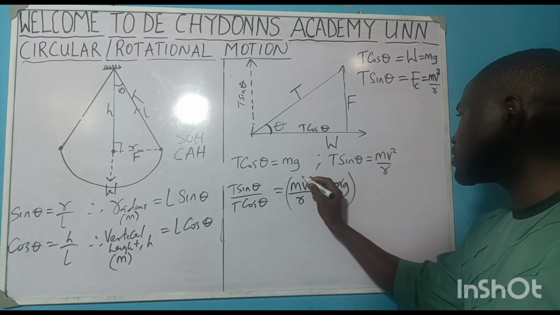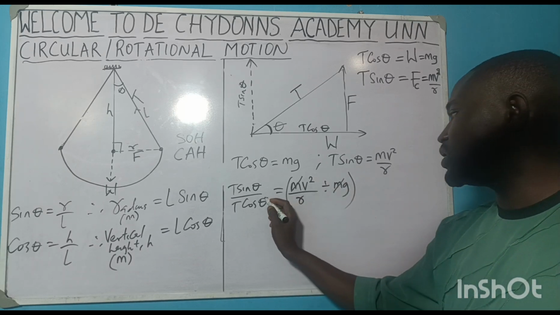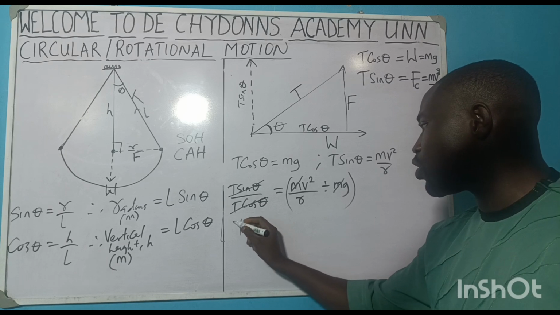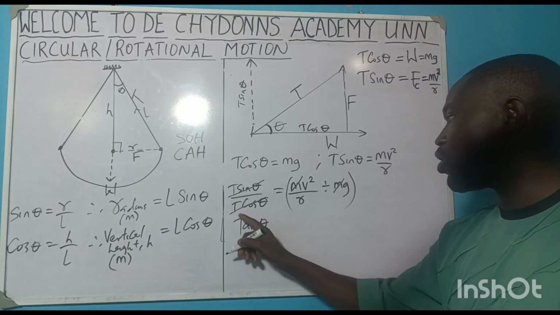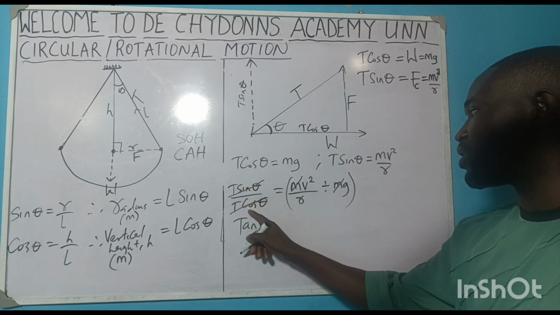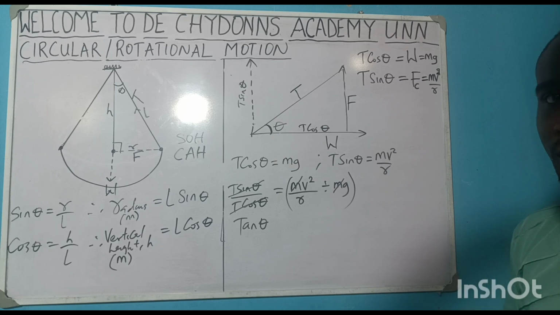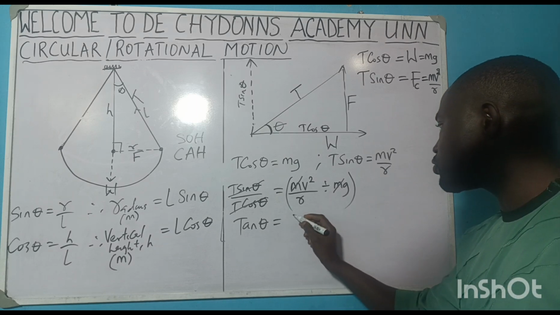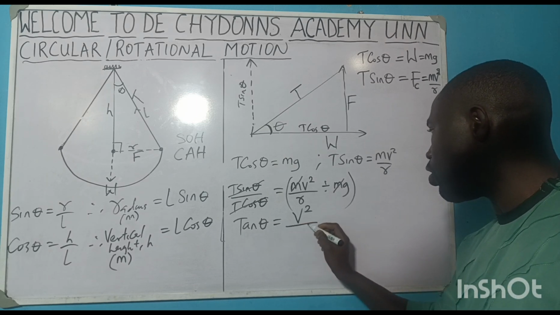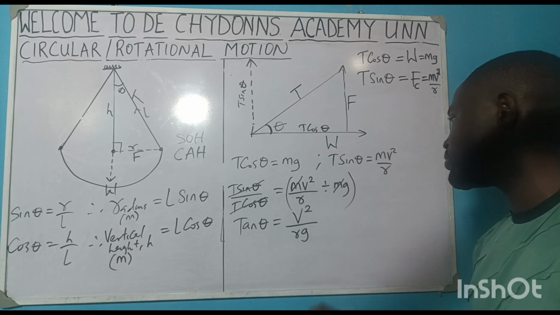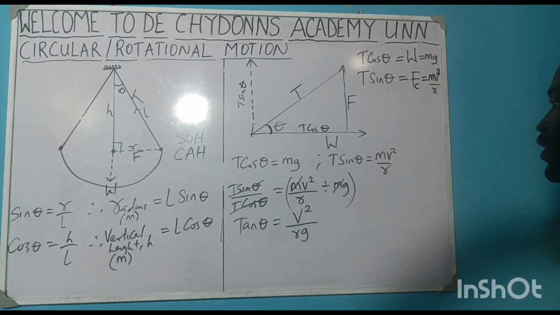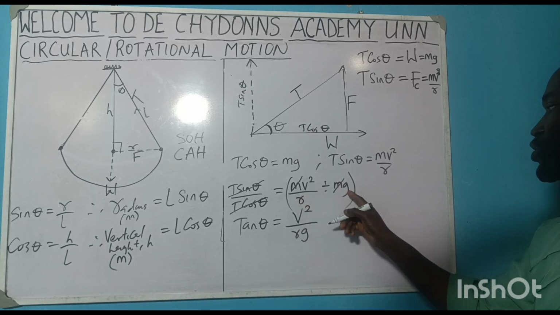Here, this will cancel this, and this will cancel this, giving you what we call tan theta, because once T divides T, sin theta over cos theta is tan theta. Equals v squared all over rg.